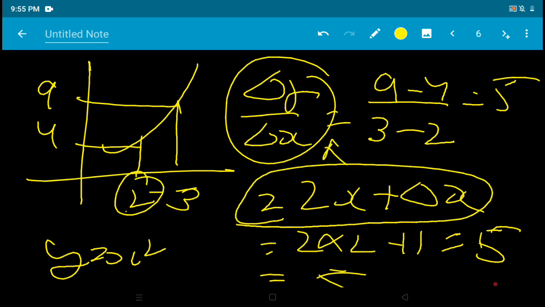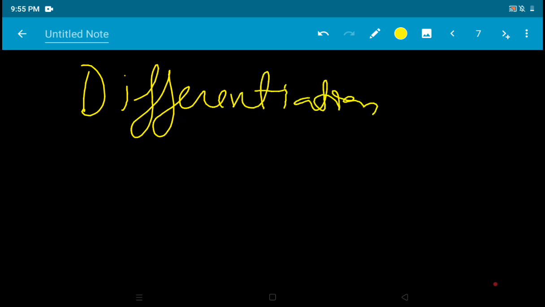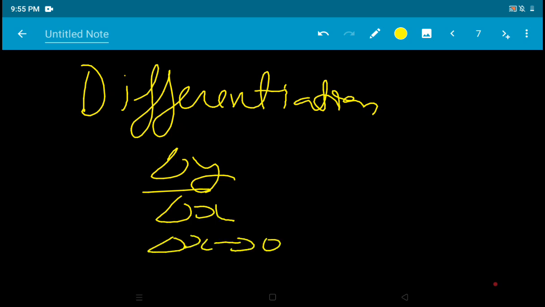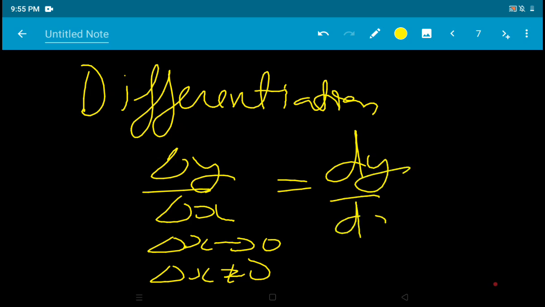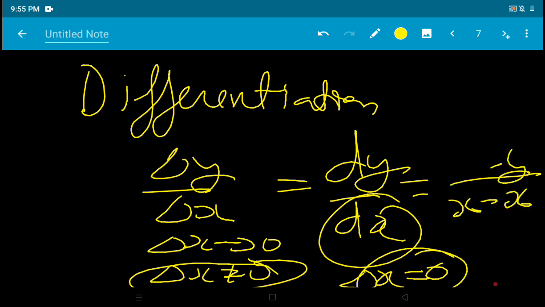So this delta y by delta x, as delta x approaches 0, is known as differentiation. What is differentiation? Differentiation is delta y by delta x as delta x approaches 0, but delta x is not equal to 0, which I write as dy by dx. If delta x were equal to 0, there would be no point, because we would be standing at the same point, y would be the same, and the answer would be 0 by 0.